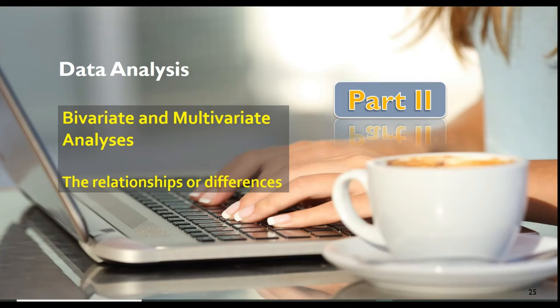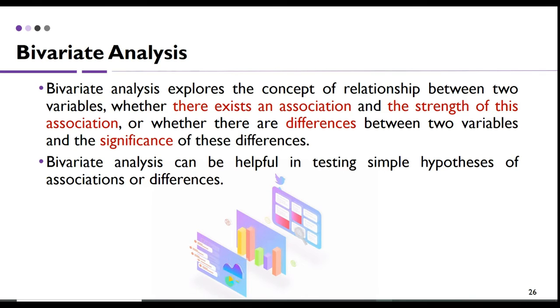In bivariate and multivariate analysis, we are looking for two things. Sometimes we are looking for relationships between variables. Sometimes we are looking for differences, or what we call comparison.